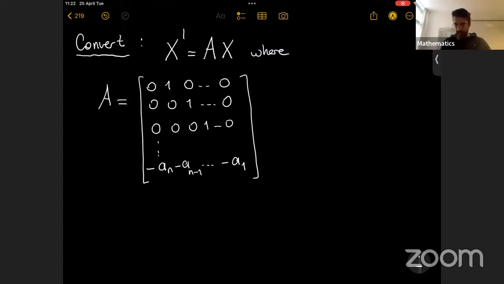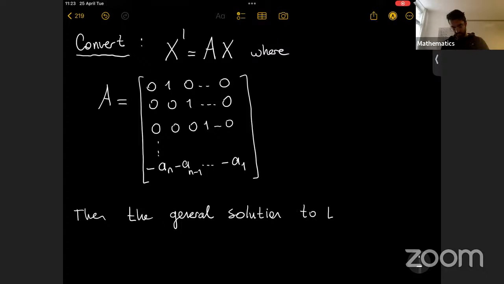But anyway, the general solution to the system is the following.